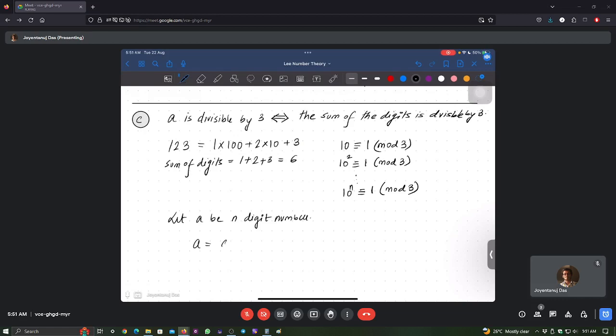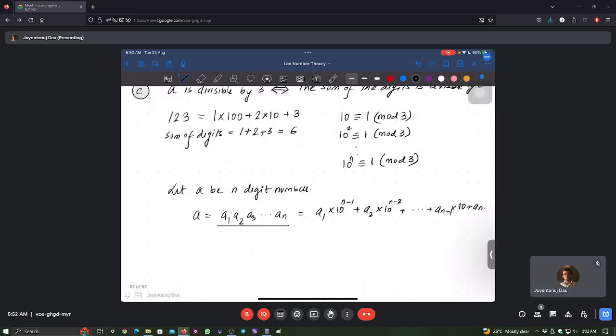So A equals a1, a2, and so on, where these are the digits. I can write this as a1 times 10 to the n minus 1, plus a2 times 10 to the n minus 2, like that, up to a n minus 1 times 10 plus a n, right? Then you apply modulo 3 to everything.